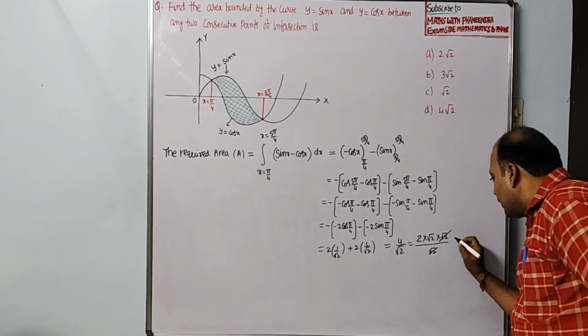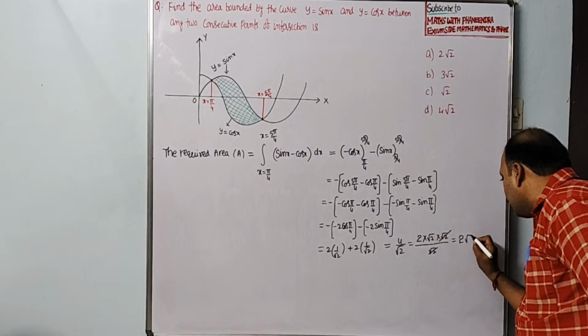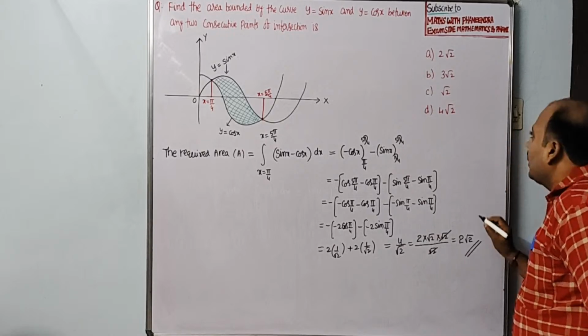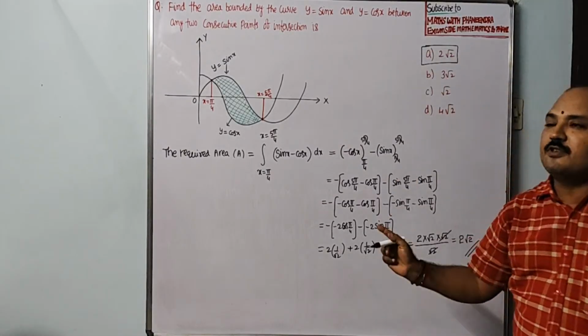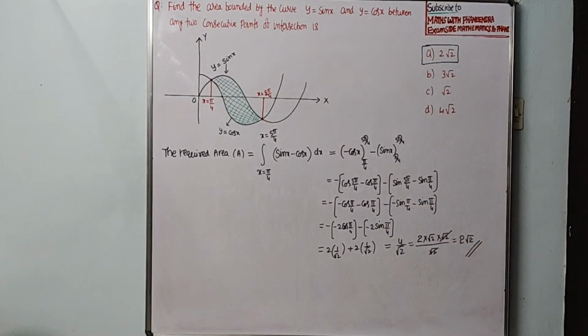So one of the root 2 gets cancelled, which is equal to 2 root 2. So the required area is 2 root 2. It is there in the first option, dear students. I hope you understand. We'll move on to another question now.